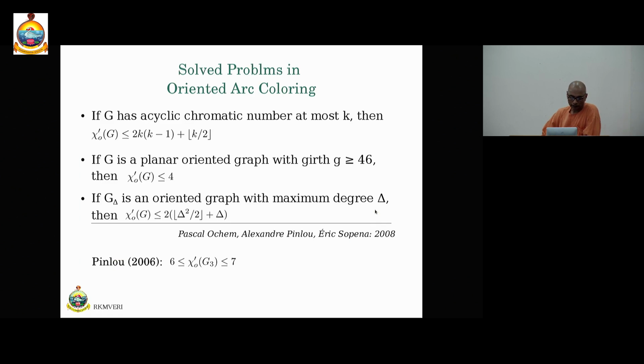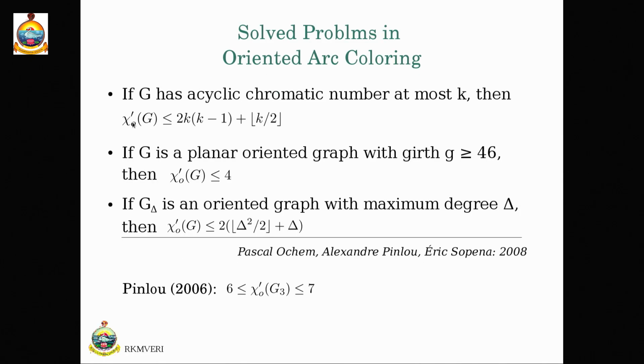And there are 3 very good and very popular results in this paper, in this topic, namely given the acyclic chromatic number of a graph, they were able to bound the chromatic index of the oriented graphs. So this is a very interesting thing.